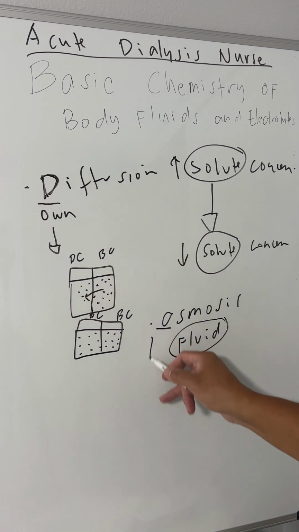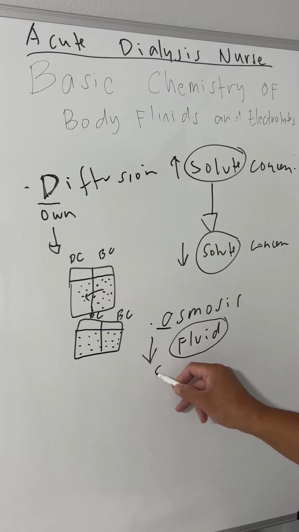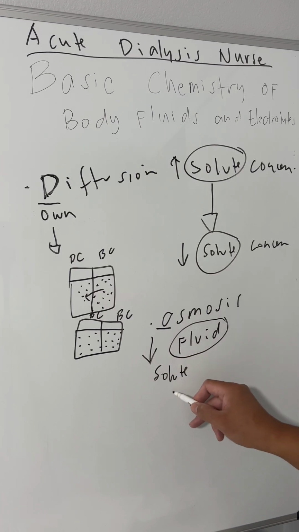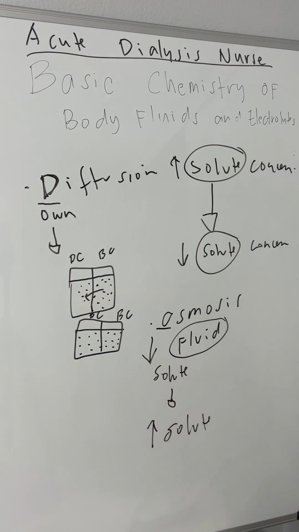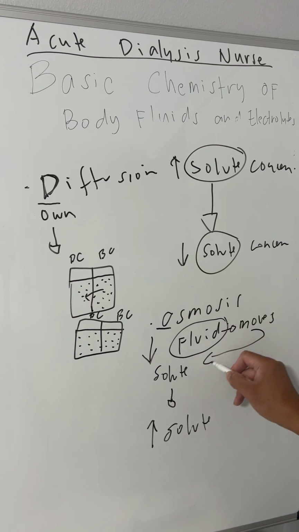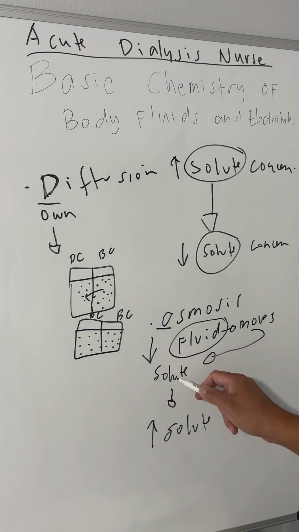So from lower solute to higher solute. Okay, so osmosis is movement of fluid. Osmosis is fluid moves from lower solute concentration to higher solute concentration until it's normalized.